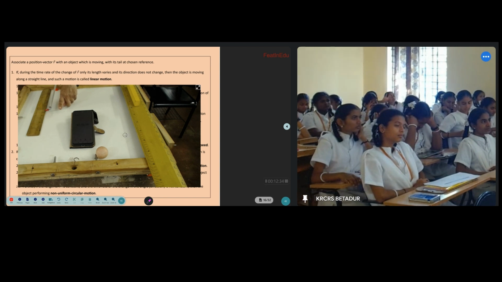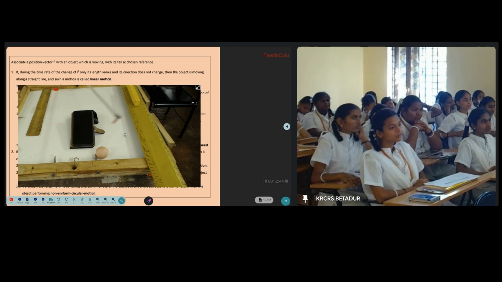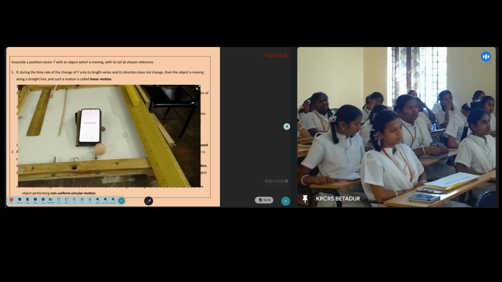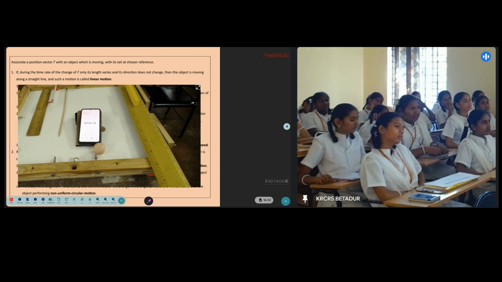But the object is moving away, in the opposite direction of the reference. You take this as the reference direction. Now the timer is advancing, and the object is moving in the direction of the reference point. Now the object is moving opposite to the direction of the reference direction.